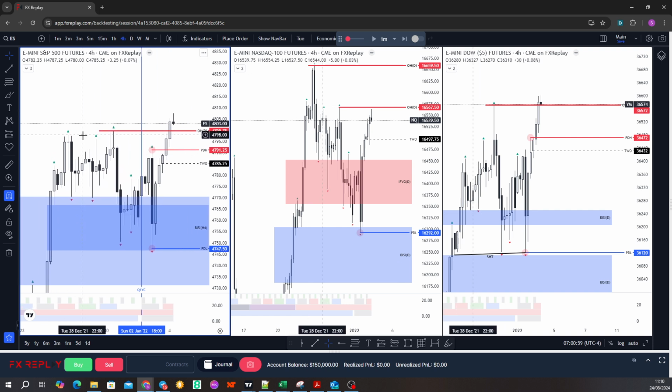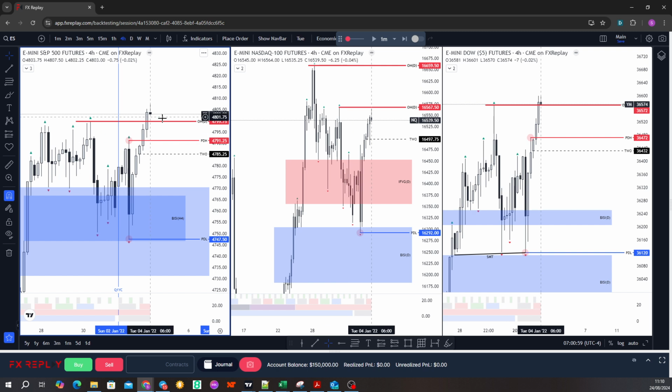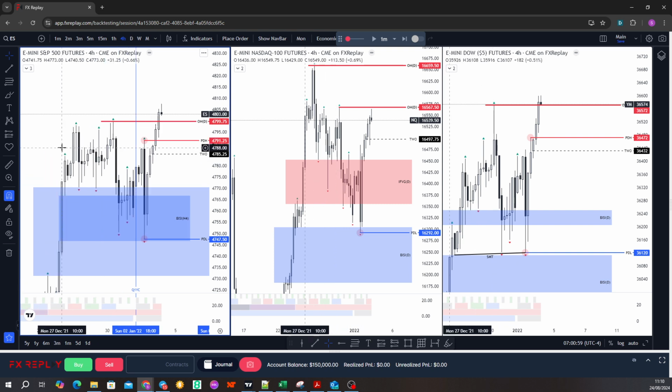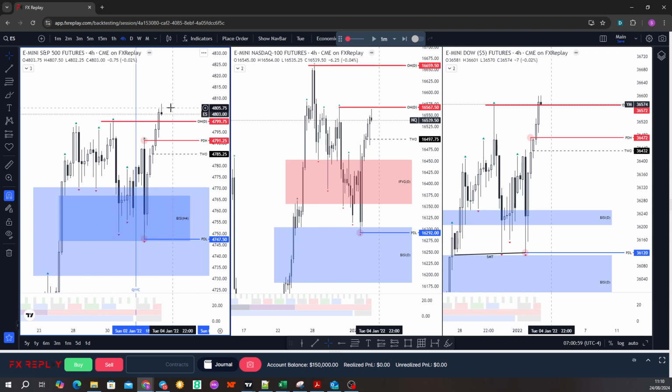But anyway, sorry, I'm just trying to get my bearings on this, but we're getting there. Yeah, as I said, we could see SMT form between this cycle's high, that and this one here.